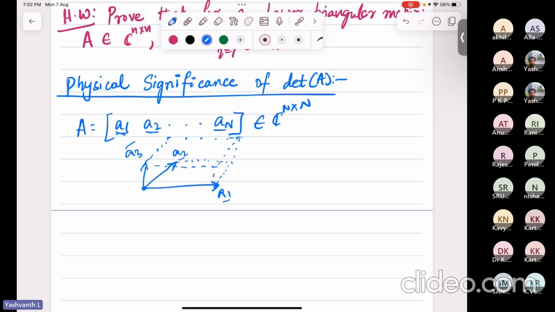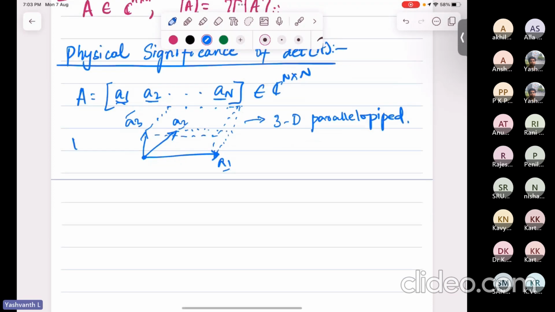For example, in this case, it's something like a slanted cuboid or 3D parallelepiped. For example, if n equal to 3, the determinant of matrix A basically represents the volume of the n-dimensional parallelepiped formed by the column vectors of the matrix A as the sides of the parallelepiped.